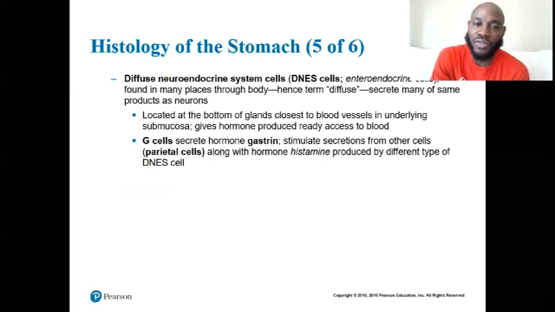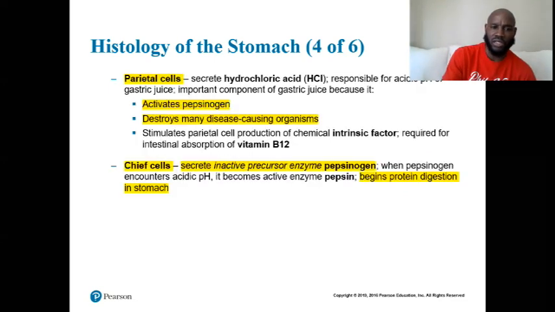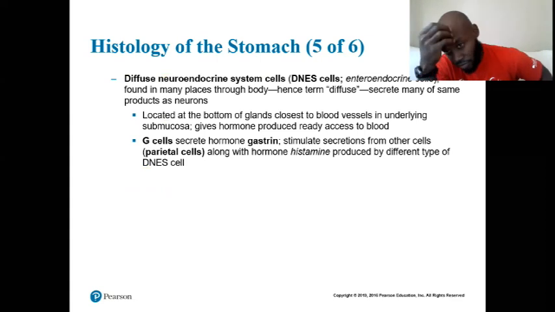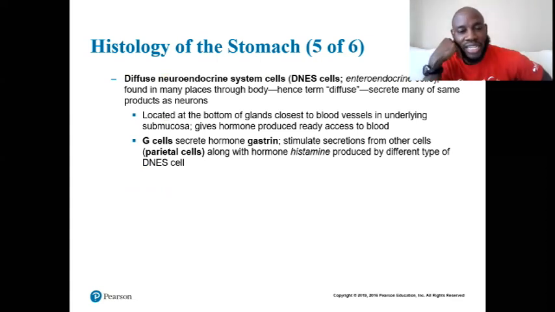And then you have diffuse neuroendocrine system cells. These are located at the bottom of the glands, closest to the blood vessels, which gives the hormones produced ready access to the blood. You have G cells, which secrete the hormone gastrin, so we get gastric acid.